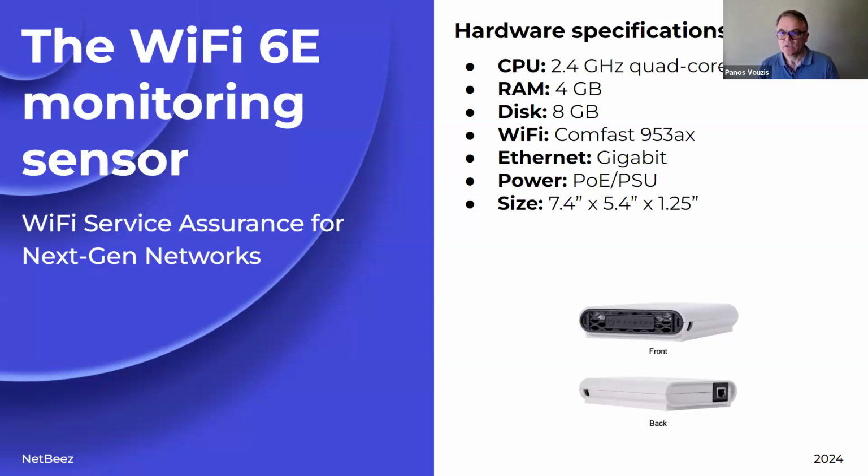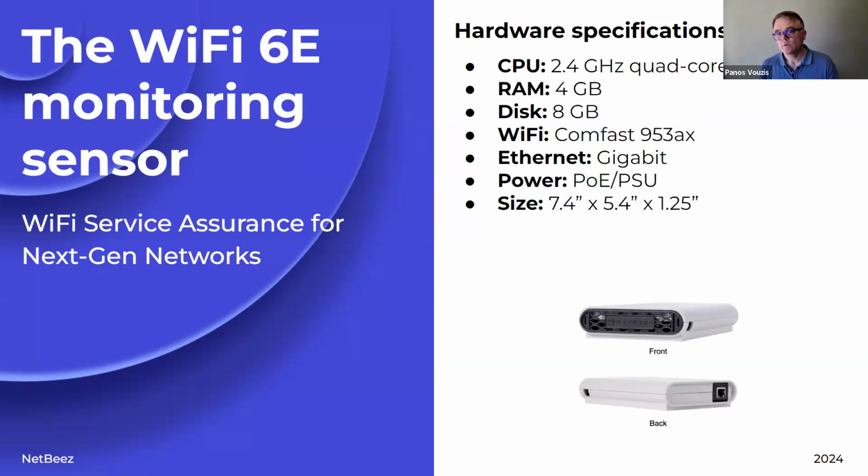It's based on the Raspberry Pi platform, with 4 gigabytes of memory and 8 gigabytes of disk. We use the ComFast 953AX as the Wi-Fi adapter, and this has a gigabit Ethernet.